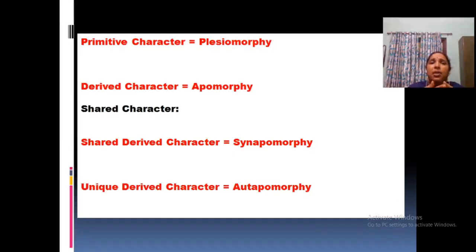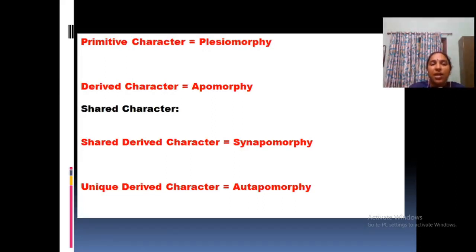For example, in mammals, the amniotic fluid is a derived character, and there are some species that have no such amniotic fluid. Lungs, a derived character. In the case of plants, the presence of vessels is a derived character. Up to bryophytes you cannot see it, but when you reach ferns, that character is there. So that is the condition. A derived character is an apomorphic character.